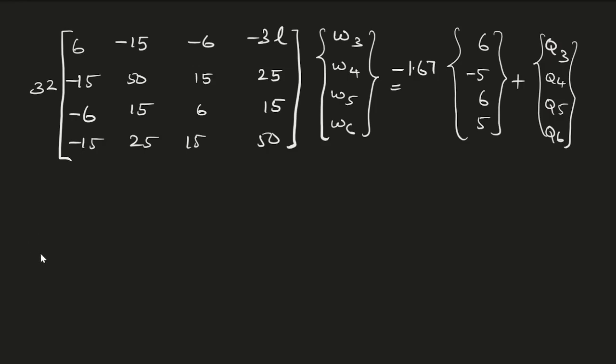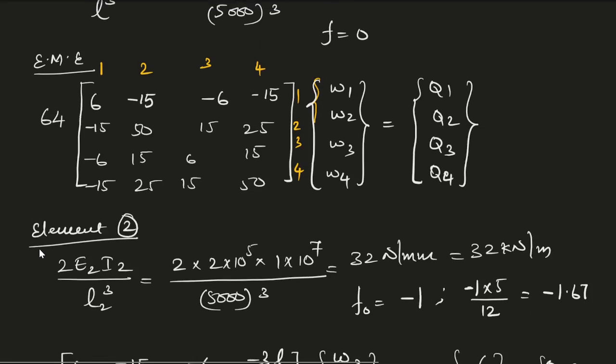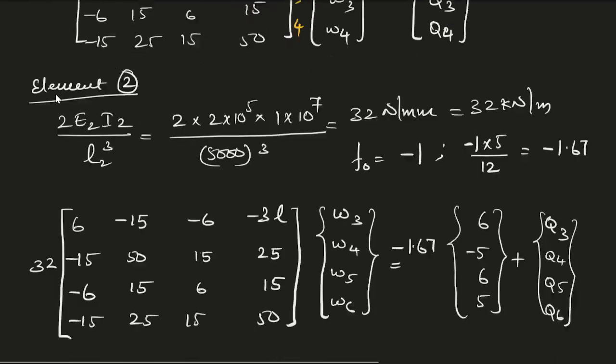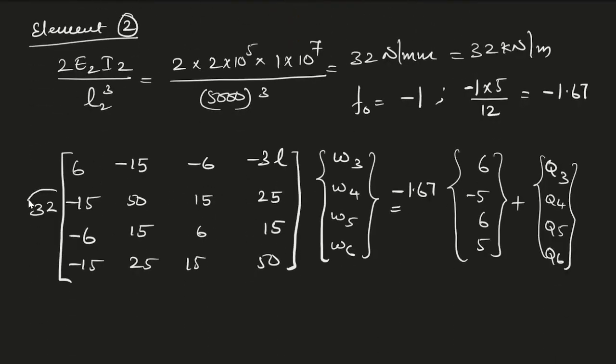Now we have to add both the elements to frame the global stiffness matrix. If you see, in element 1 we have a 64 outside, but in element number 2 we have 32. So there should be a divide and multiplication of 2, so that this 32 will become 64.